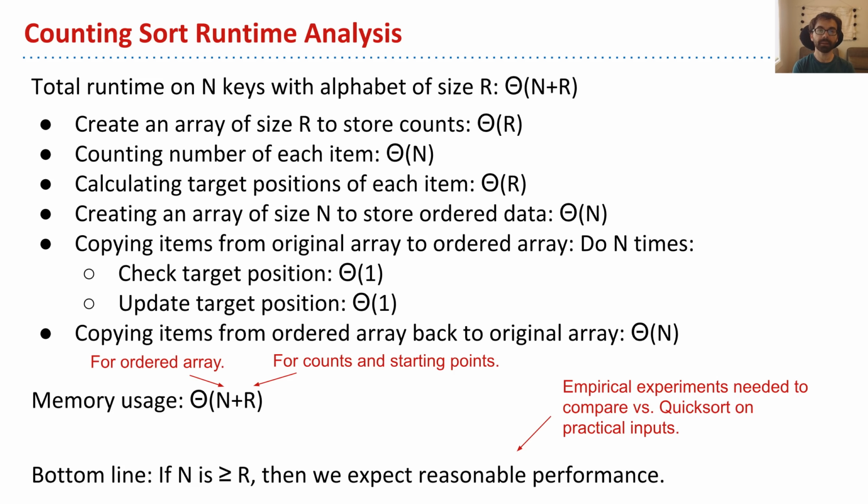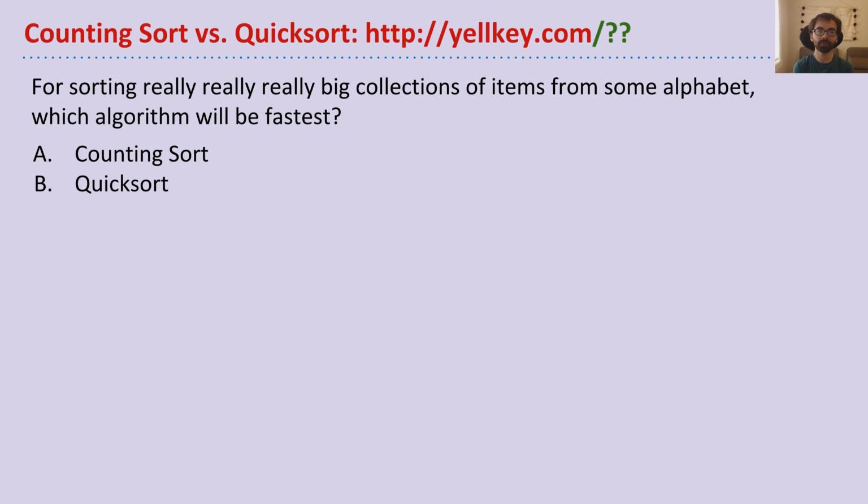To see if this runtime analysis makes sense, I'm going to ask you a question which may or may not be a trick question. So let's say we'd like to sort really, really big collections of items from some alphabet, say card suits or integers or whatever. Which algorithm is going to be the fastest? Counting sort or Quicksort?